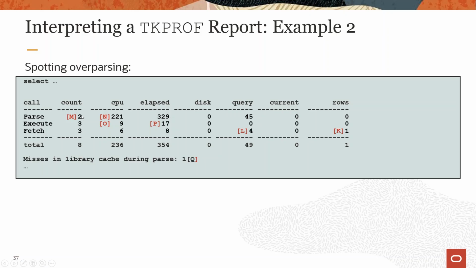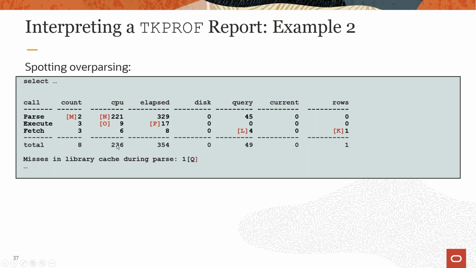Also, I'm seeing that this statement has been parsed twice, of which you have 1 miss in the library cache. So that means of those 2 parses, you had 1 hard parse, the other one was a soft parse in fact.